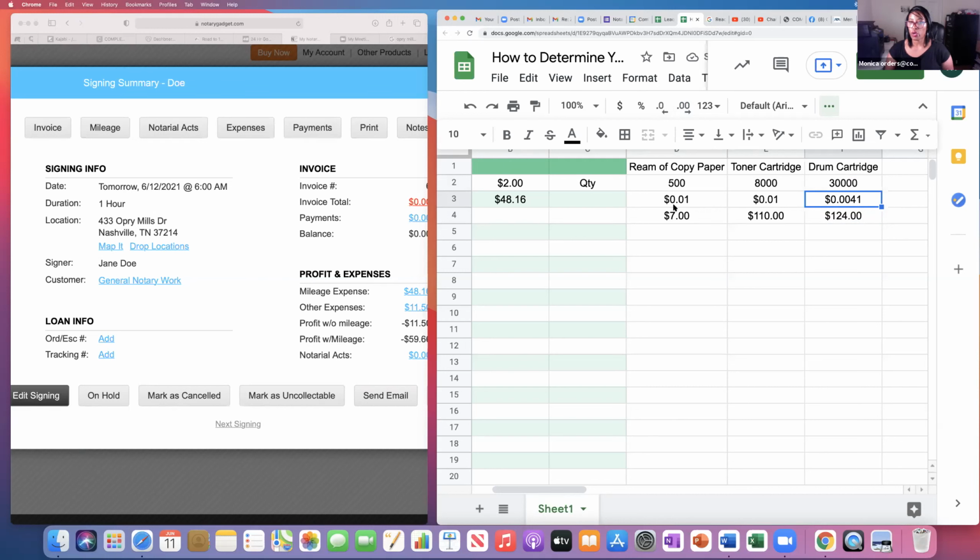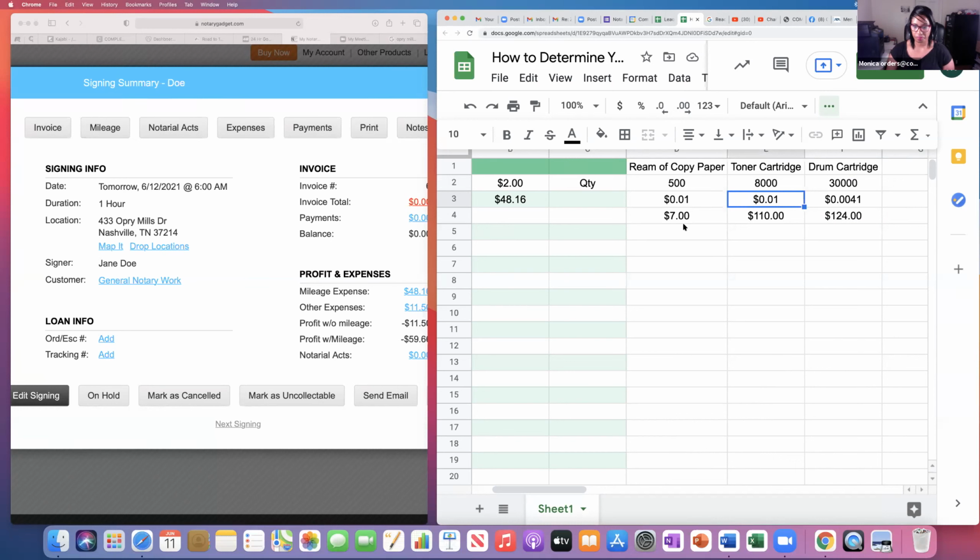All right, so for every single piece of paper, you want to associate another how much for each page in addition to the actual paper itself. Here's the paper, but when you factor in your toner and your drum usage, how much would you associate in addition to that 1 penny for that cost?